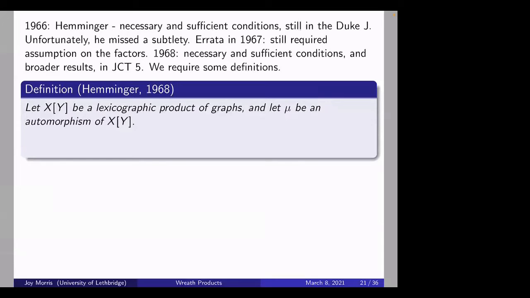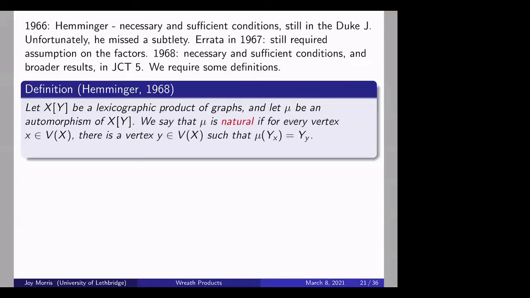So if we have a lexicographic product of graphs and we have an automorphism in that lexicographic product, then he decided we should call it natural if it does what we want it to do. If for every vertex of our first graph, there's another vertex of our first graph such that the copy of the little graph that came from the first vertex maps to the copy of the little graph that goes to the second vertex.